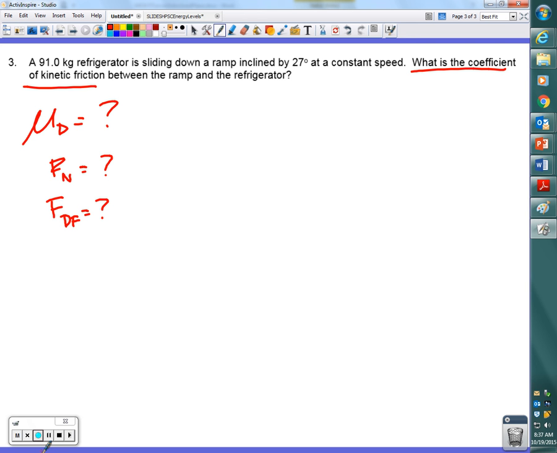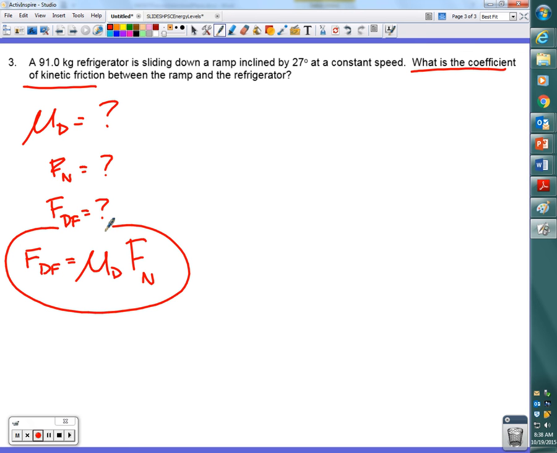Remember, there's a difference between coefficient and force, right? We need to know the force of dynamic friction and the normal force. And that's the formula that we use that puts it all together, all right? Okay? Good there?